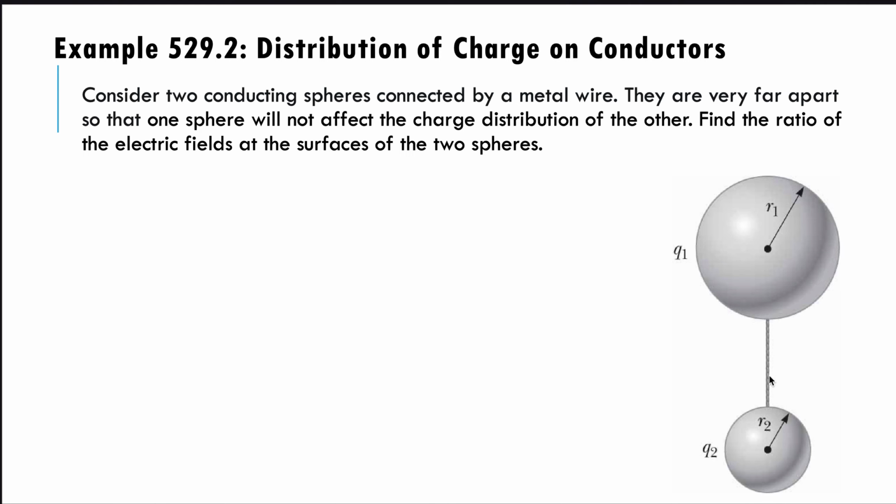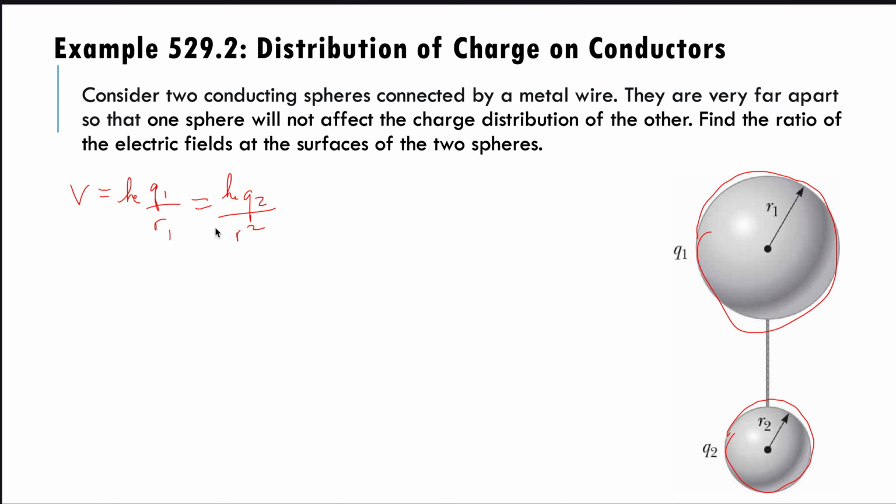Because this is just one big conductor, the surface is all at the same potential. We can call it k_e Q1 over R1, or we can call it k_e Q2 over R2. The potential at this surface has to be the same as the potential on this surface. That's the first thing.